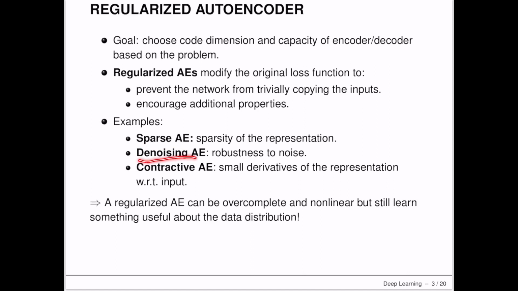The denoising autoencoder, which learns to be robust to noise in the image. And the contractive autoencoder, which encourages small derivatives of the representation with respect to the input. All these regularized autoencoders can be overcomplete and non-linear, but still learn something useful about the data distribution, or learn a good latent representation or a good reconstruction ability. We will now go through the different kinds of regularized autoencoders in more detail.